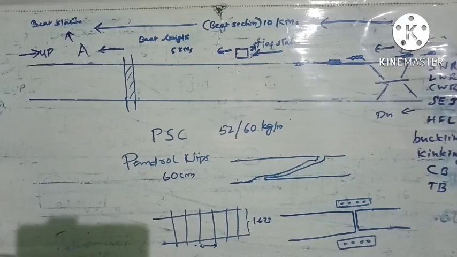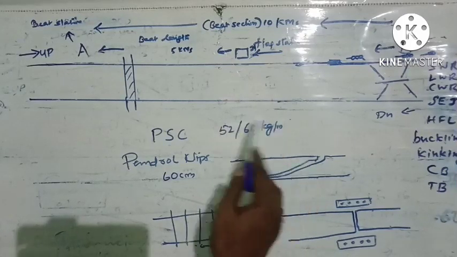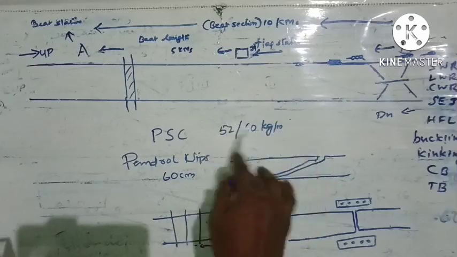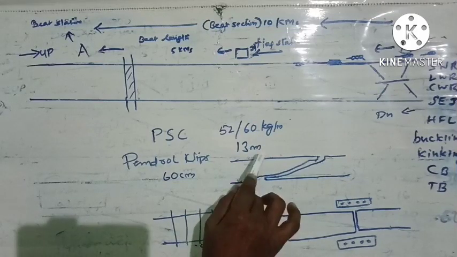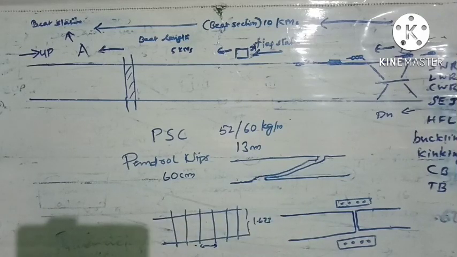With machines it may be possible to load and unload, but at the location and also for repair works, it is not possible to move it easily if it is very lengthy. So the rails manufactured in steel plants will be 13 meters in length. A rail length means 13 meters.